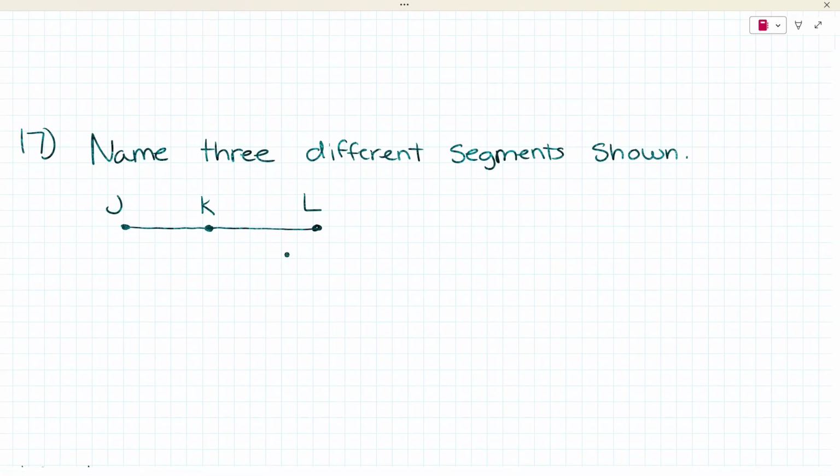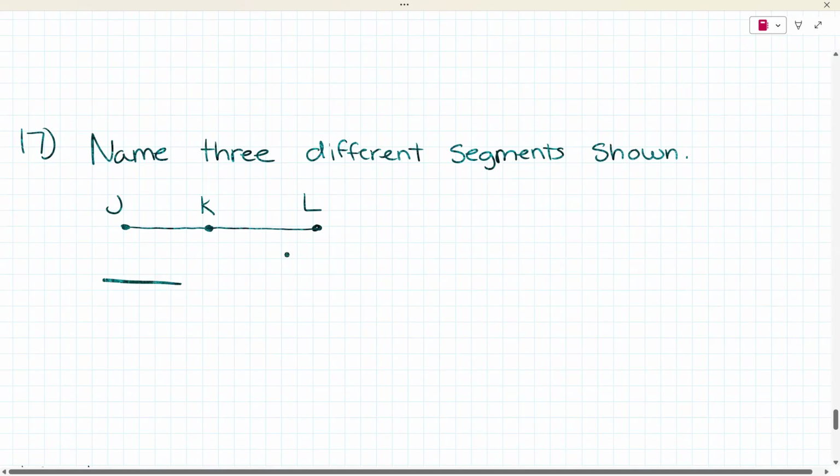On this example, name three different segments shown. They're not asking for rays, they're asking for line segments. You have these three points and they're collinear, and we have to come up with different segments. You can express this as line segment JL. You can also say line segment LJ.